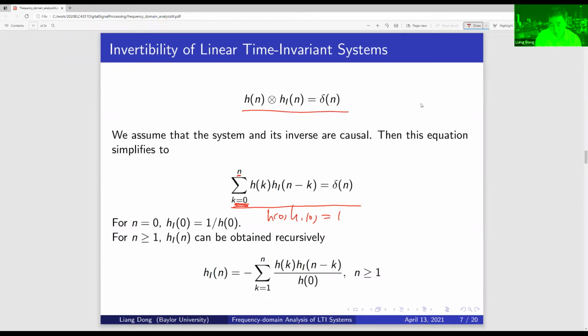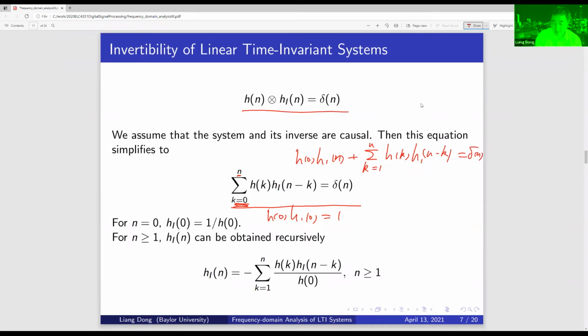I think there's a typo in the textbook. So this is correct, because from here, all we did is take one term out of the summation, which is k equal to 0, plus k from 1 to n of h sub k times h sub I of n minus k, equals delta n.